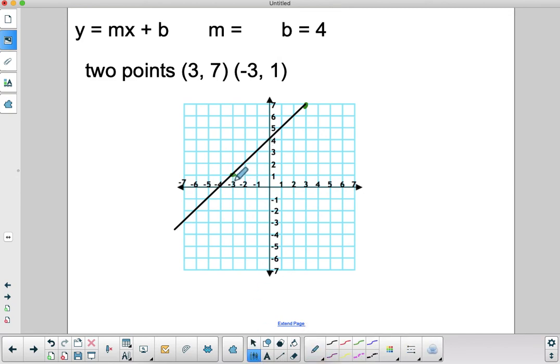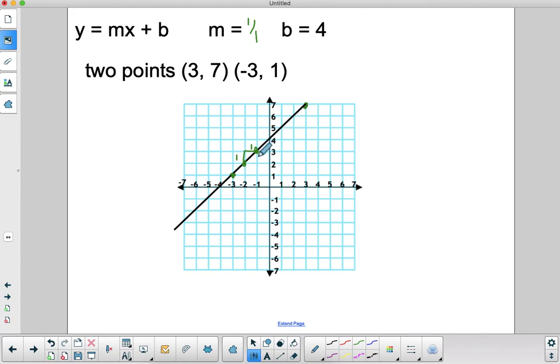To count the slope, I'm looking at close intersections. Here, we have some that are very close, right by each other. That's going to make this already in simplified form. What I mean by that is I can check the rise. The rise is 1. The run is 1. So the rise over the run would be 1 over 1, or just 1.